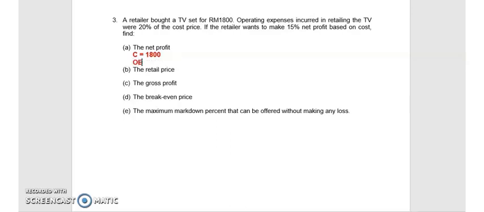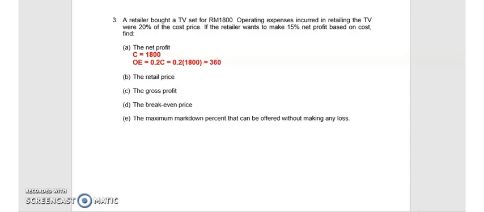So OE is equivalent to 20%, 0.2 C. Since we know that C is 1,800, we can calculate the operating expenses: 0.2 multiplied by 1,800 equals 360.